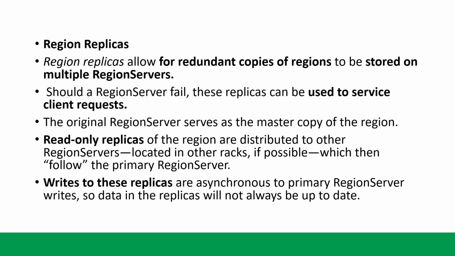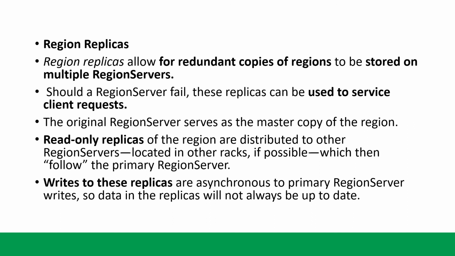Region replicas allow for redundant copies of regions to be stored on multiple region servers. Should a region server fail, these replicas can be used to service client requests. Read-only replicas of the regions are distributed to other region servers located in other racks if possible, which then follow the primary region servers.